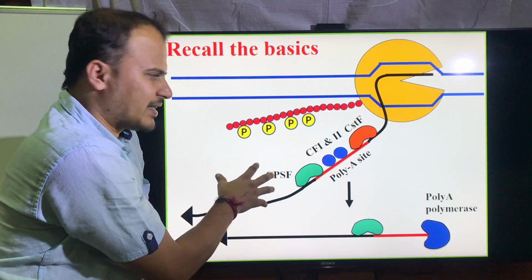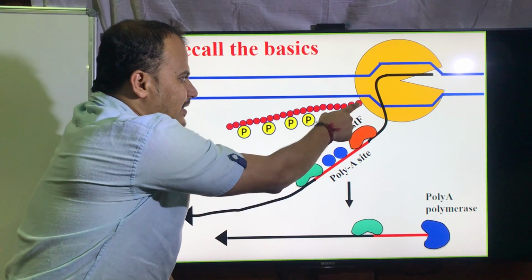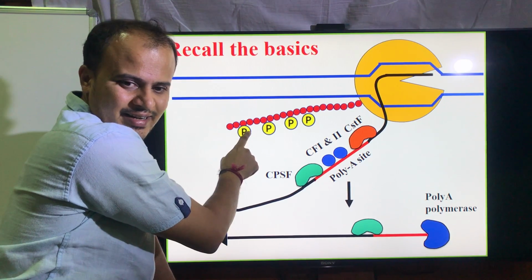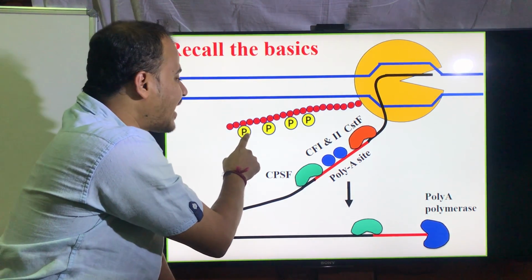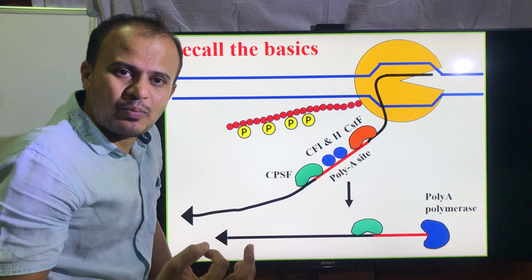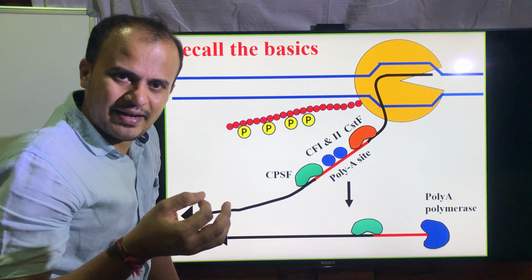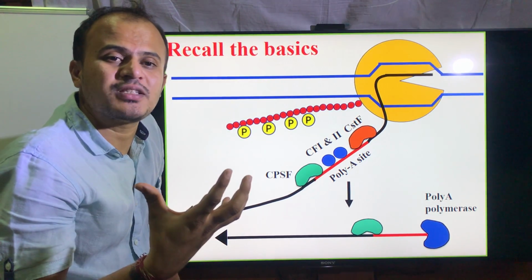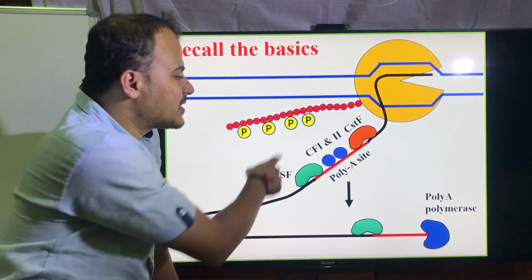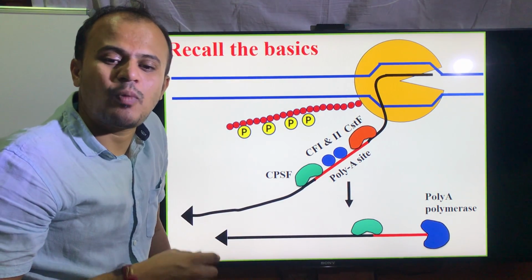During this process, as I said, the tail of the RNA polymerase is phosphorylated and it carries several proteins. One set of proteins being carried are the proteins that are essential for polyadenylation.